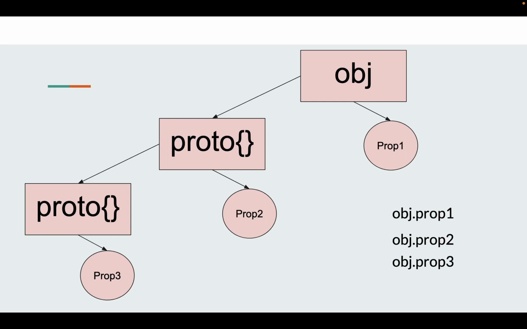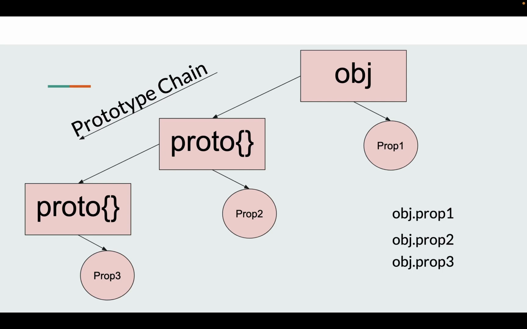A different object might have its own properties and methods, and we can still take my object and say whatever property name, and we'll still have access to it. So it's not just what's directly connected to my object, but down what's called a prototype chain. I have a sequence of objects connected to each other, and I can access properties on any of those objects down the line without having to specify which one it is.